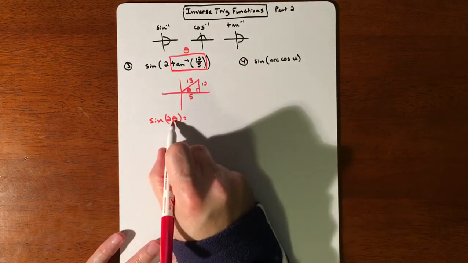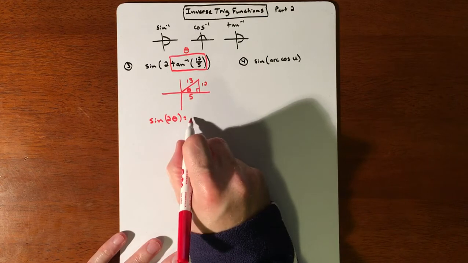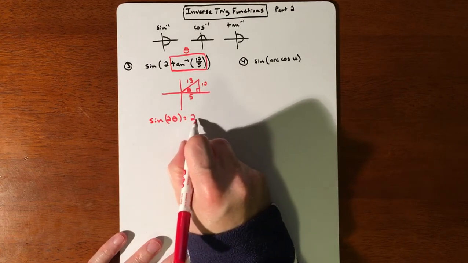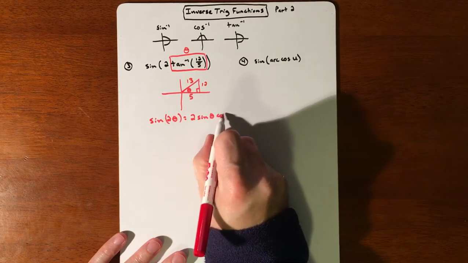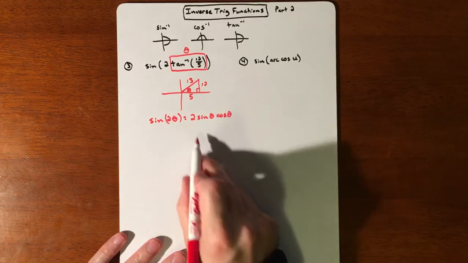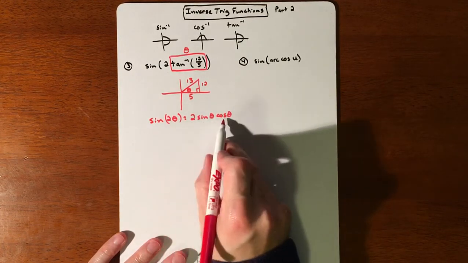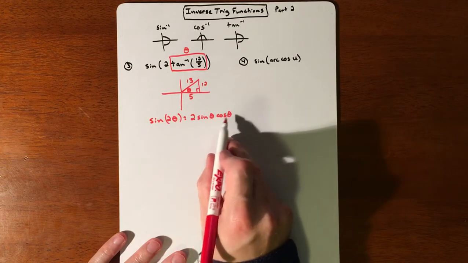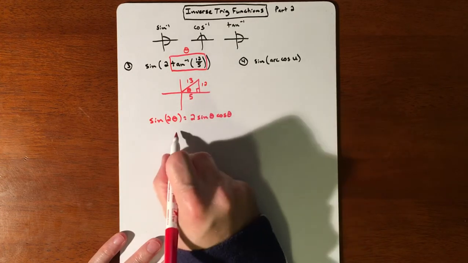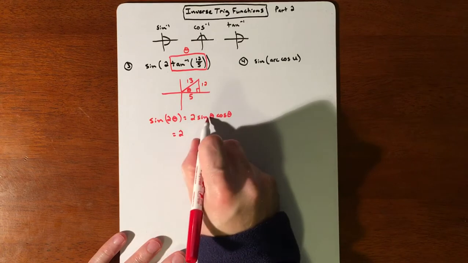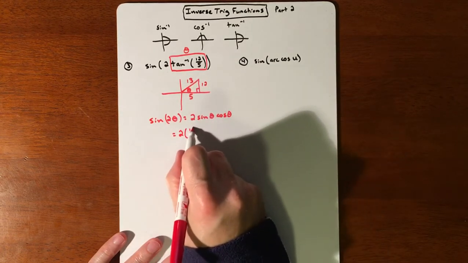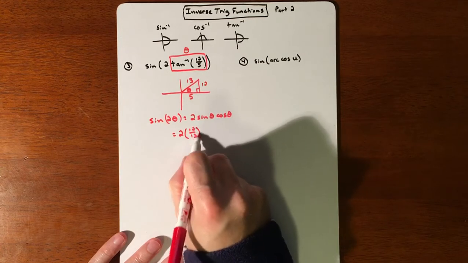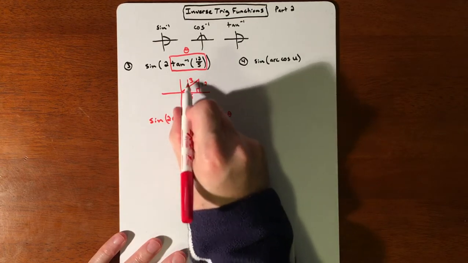Well, 2 theta is a double angle identity, and that is 2 sine theta cosine theta. So we're going to rewrite that as this, and that's our theta from our picture. So it's going to become 2 times sine of theta, which is 12 over 13, and cosine of theta is 5 over 13.